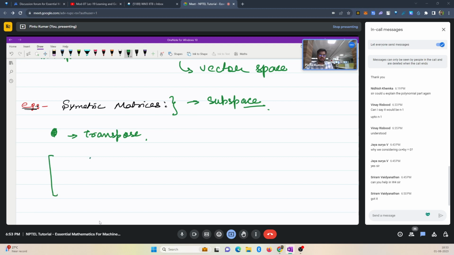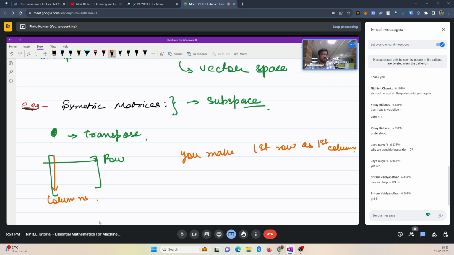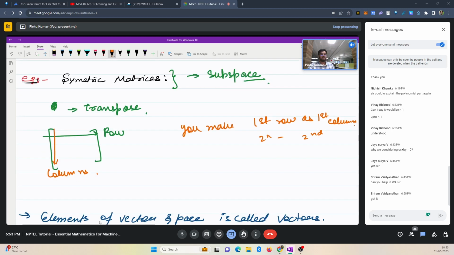In a matrix, this horizontal line is called a row, and if you look vertically, this is known as a column. If you make the first row the first column, the second row the second column, like you just rotate it by 90 degrees, then that is called the transpose of the matrix.